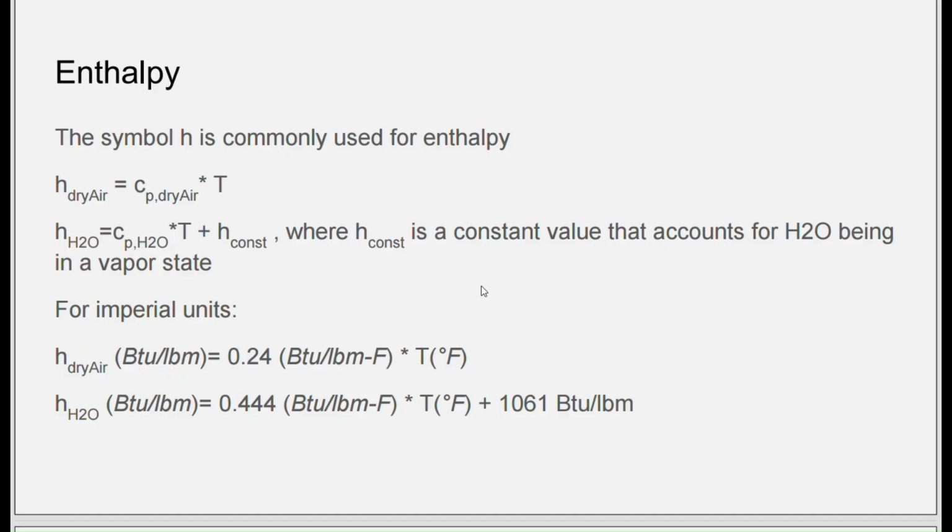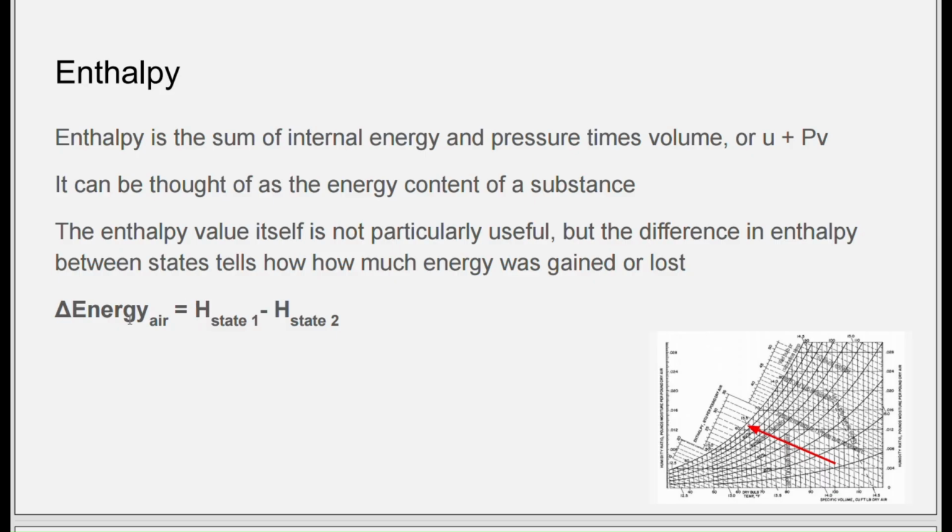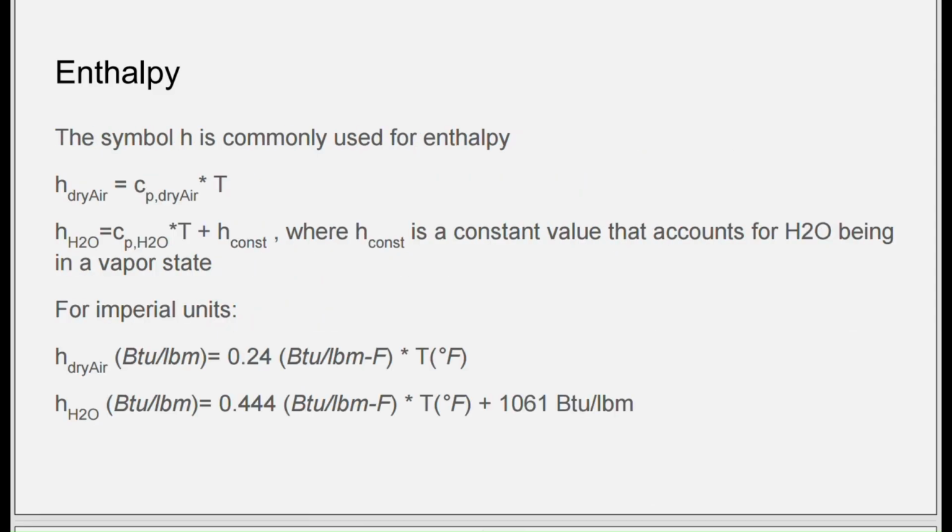Now what we do to calculate enthalpy in our functions is, let me go back and look at this equation again. You can also write this as your change in energy is mass flow times specific heat times your delta T, or temperature difference. So what we do to calculate enthalpy is we can simply estimate it as enthalpy equal to specific heat, or CP, times T. That applies to dry air.